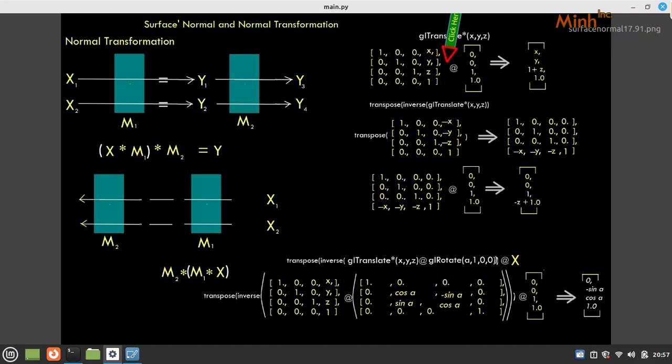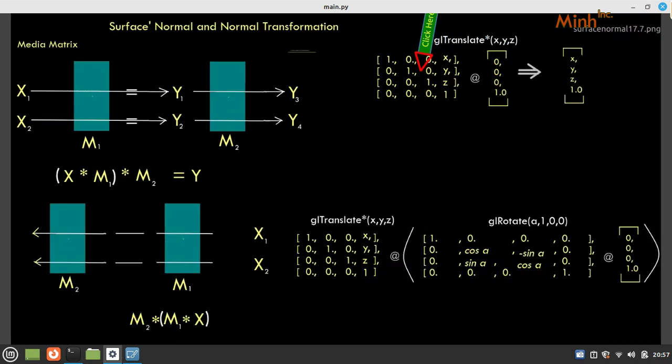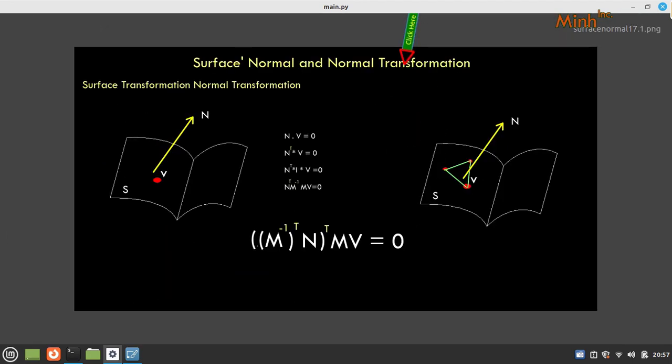Now I have an input of 0, 0, 1. How would the normal get transformed? So this is the normal. This is the vertex point, and if this is a point on the surface 0, 0, 1, and this is the matrix we are using for the transformation, what I want to say is, if I am doing transformation M on V, then there is a transformation of inverse and transpose on the normal.